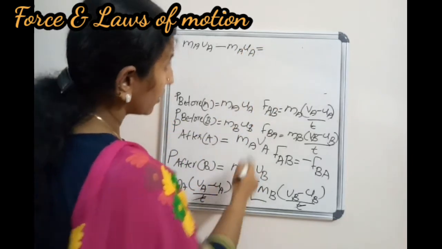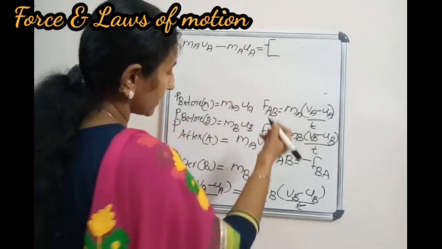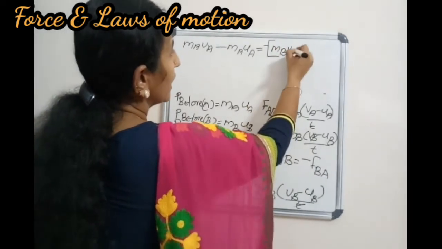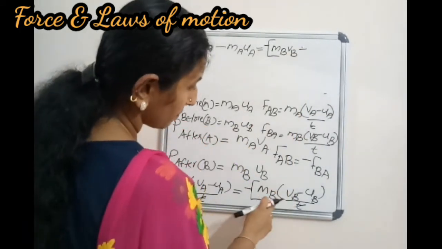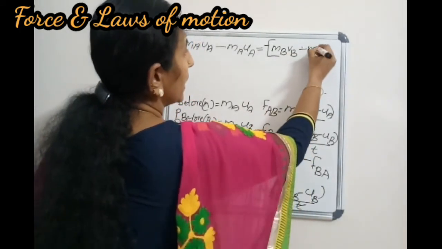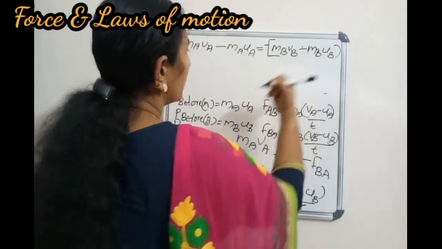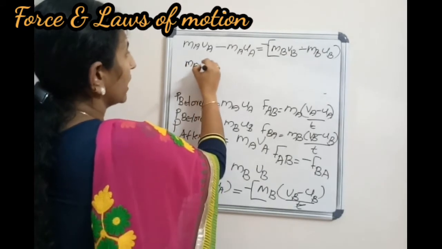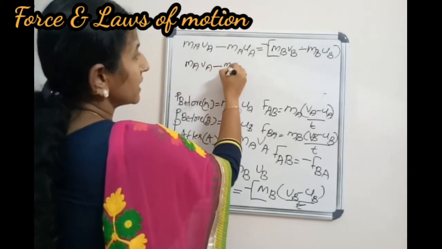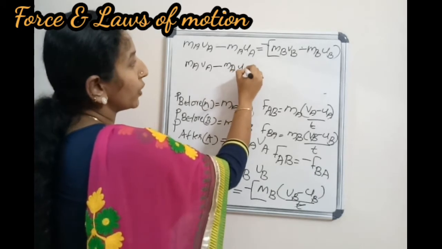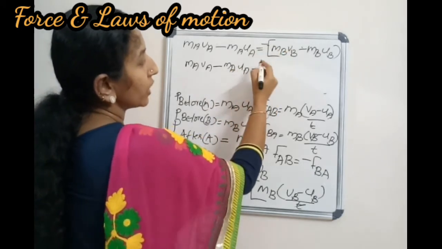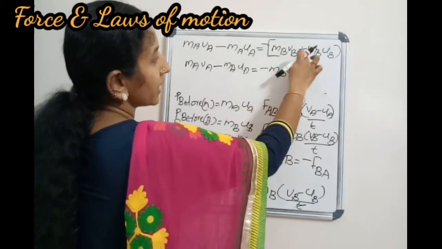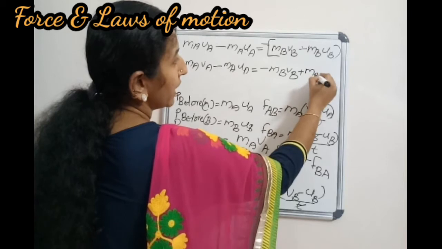On the other side, MB into VB, MB VB, minus MB into UB, MB UB, then multiply with this minus. So MA VA minus MA UA equals minus MB VB plus MB UB.